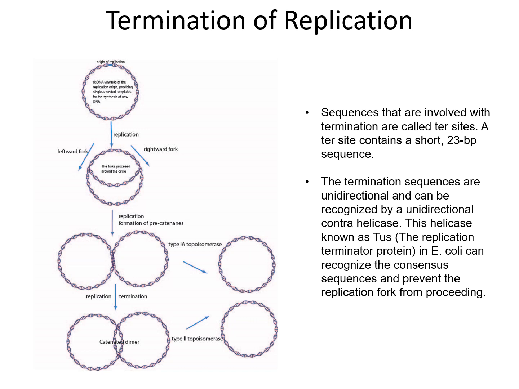It can recognize the consensus sequence and prevent the replication fork from proceeding. In E. coli, there are 10 Ter sites, and binding of a Tus protein to a Ter site prevents the replication fork from passing through by inhibiting helicase activity. So that's the termination of prokaryote replication.